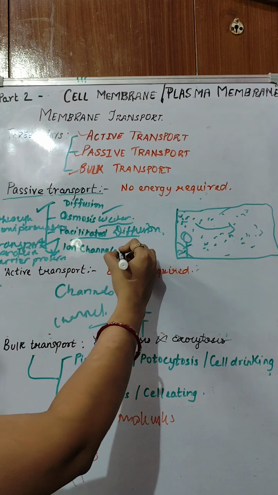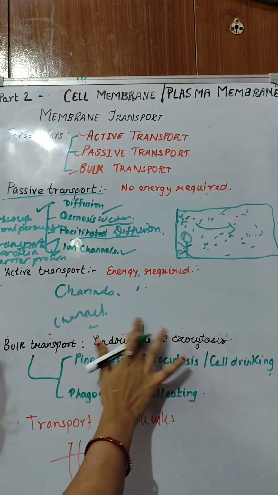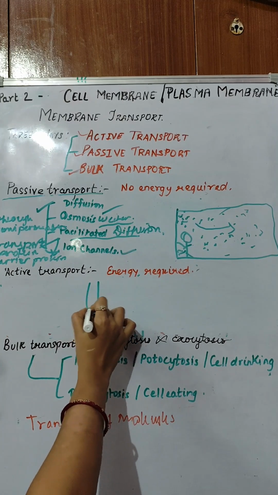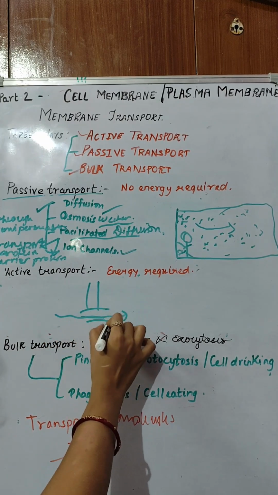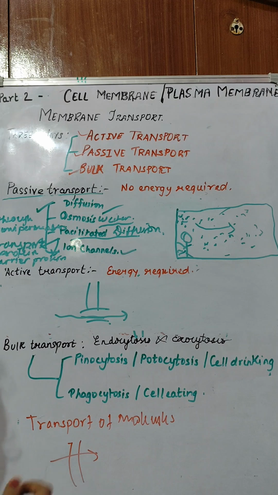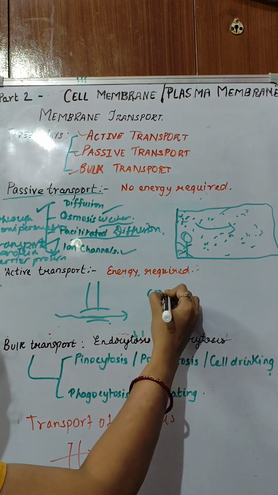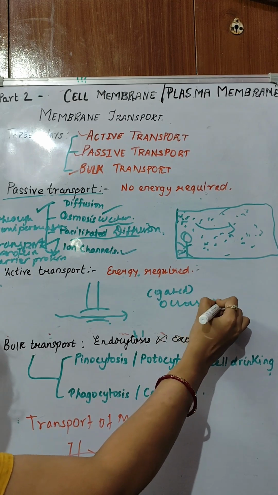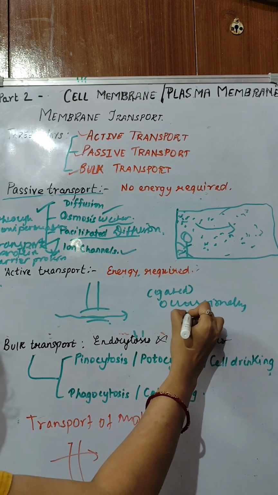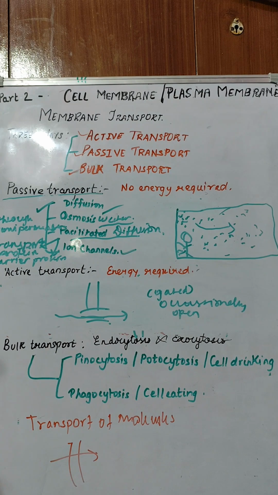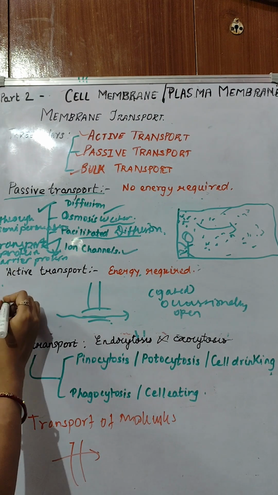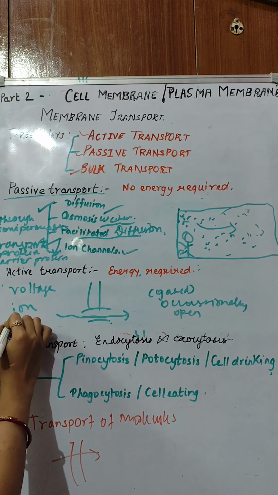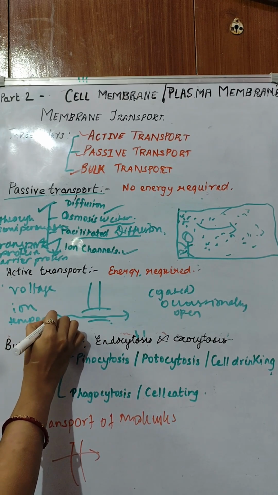Next is the ion channel. Ion channels are a gap, a channel through which the molecule will move. Now this ion channel can be gated also, meaning they are occasionally open and otherwise always closed. They only open whenever they get some kind of stimulus, and this stimulus can be voltage, ion, temperature, or ligand gated.